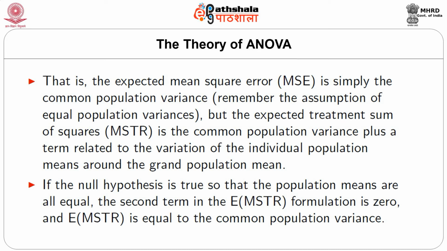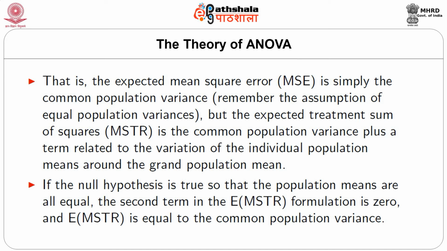Which mean you take actually depends on the context. Sometimes you take the grand population mean, sometimes you take the group mean, sometimes you take the individual population mean. So, we can say that the n will justify the means.